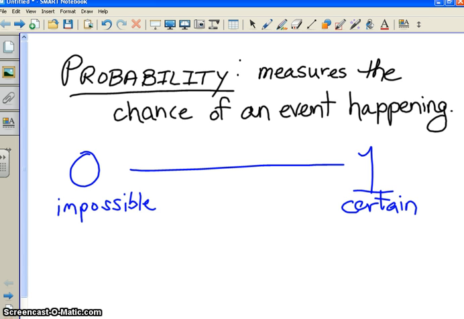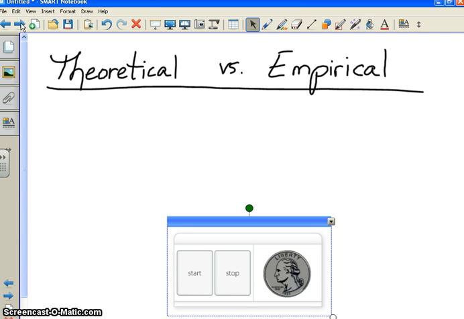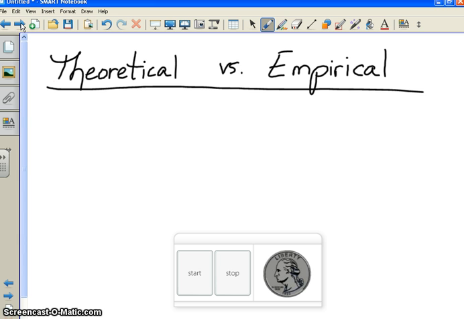Now there's two different types of probability that we're going to be focusing on. Theoretical probability versus empirical or experimental probability. Theoretical probability is what should happen in theory.